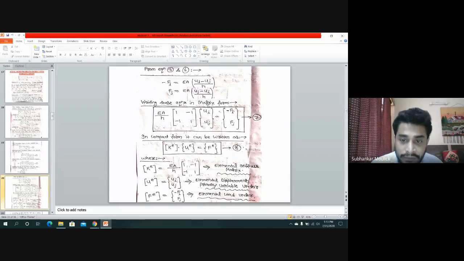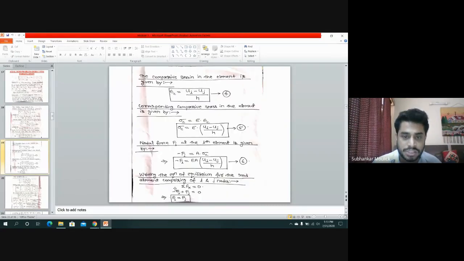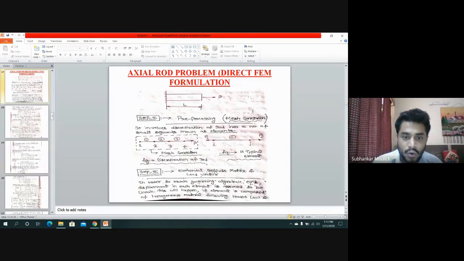Why am I calling this U a vector? Because U is the axial displacement of each element at each node. That means at nodal point 1, displacement of element number 1 will be u1 along positive x direction. For element number 1, displacement of node 2 is u2 along positive x direction, and so on.